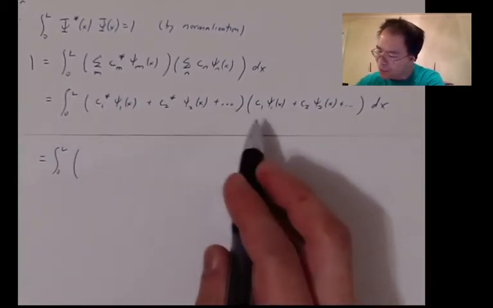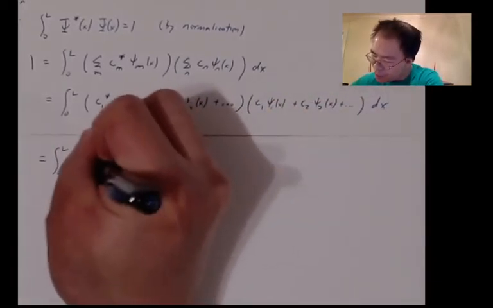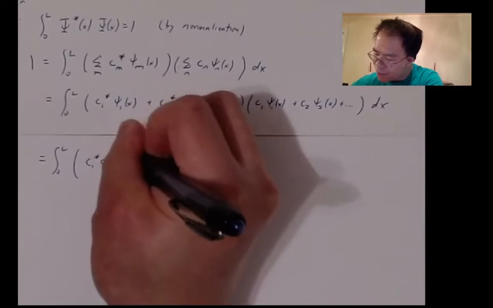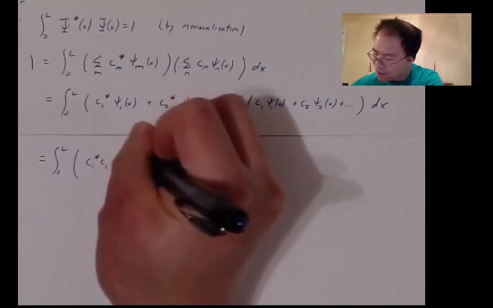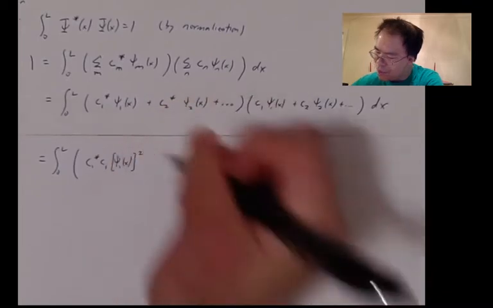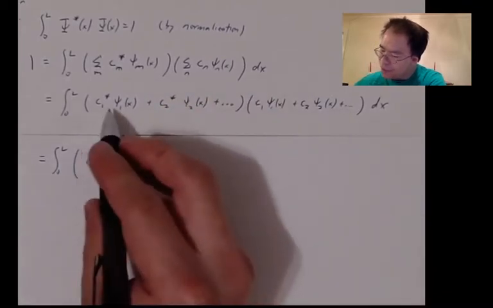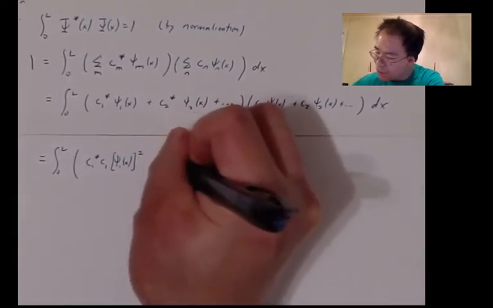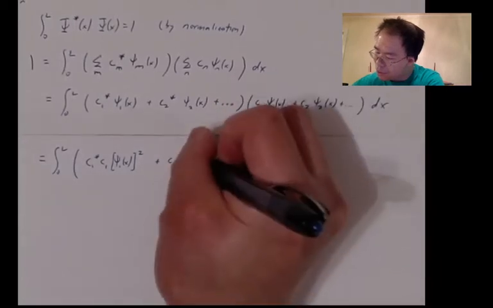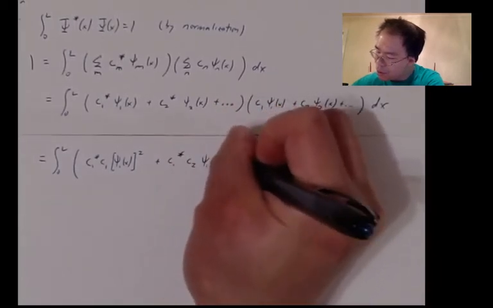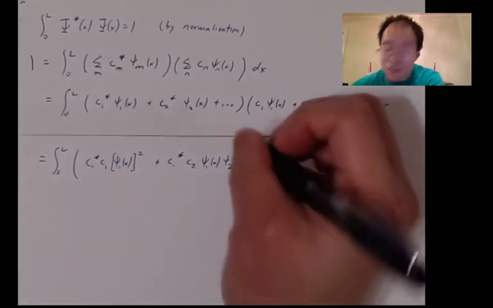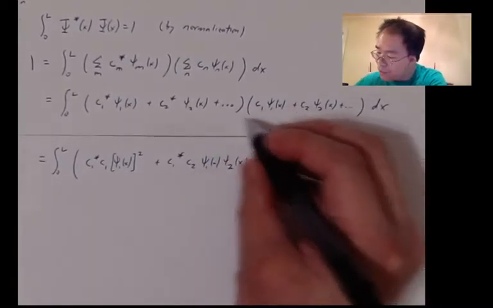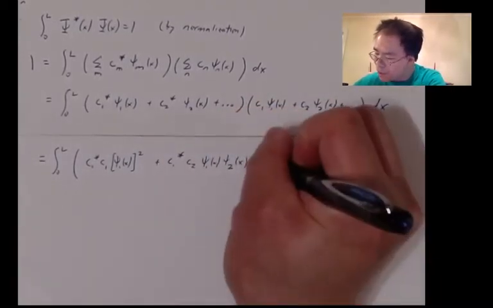So let's first start with this term. I have C1 star C1 psi 1 of x. Let me just write this as psi 1 of x squared, right? So that's those two terms. If I multiply this term plus that term, I have C1 star C2 psi 1 psi 2 of x, and similarly I have this term, and then plus dot dot dot.